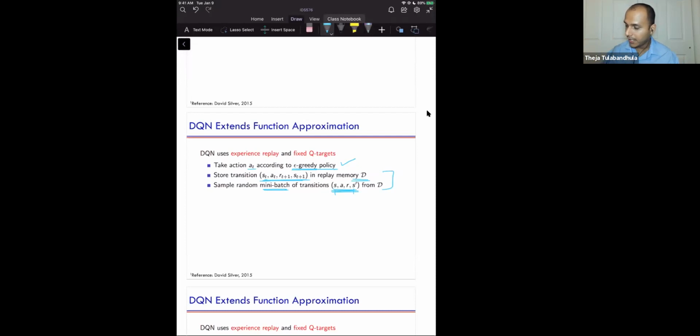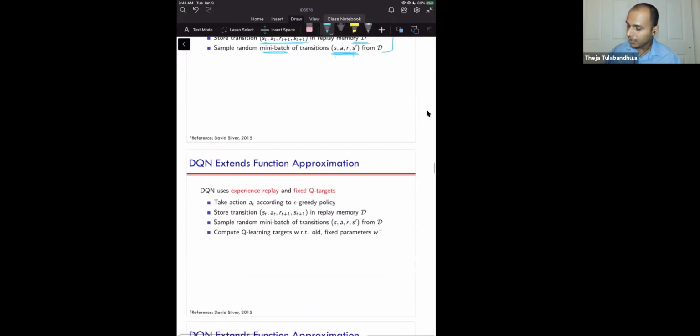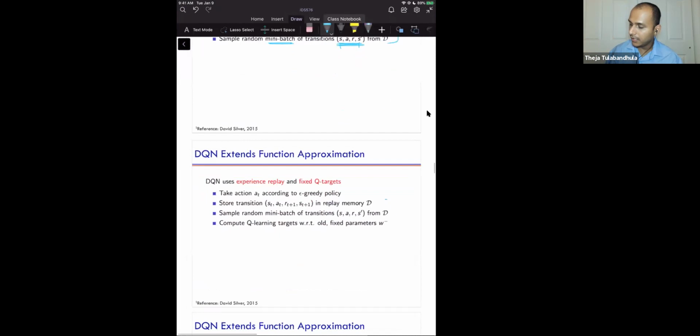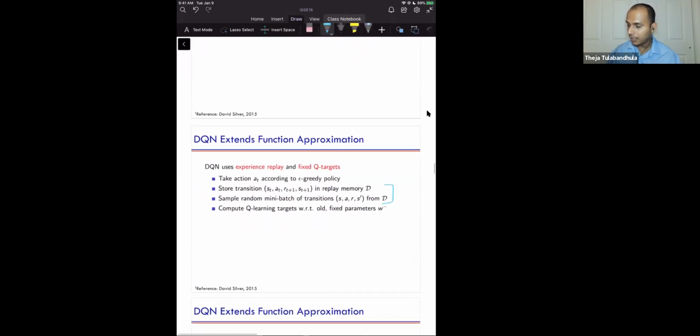And you'll use them along with the following modification. You'll also freeze the parameters in the targets to some previously learned old value. So remember, we are updating W's, right? When we're updating W's, let's say we keep track of what W was at the 100th update and what W was at the 200th update and so on.